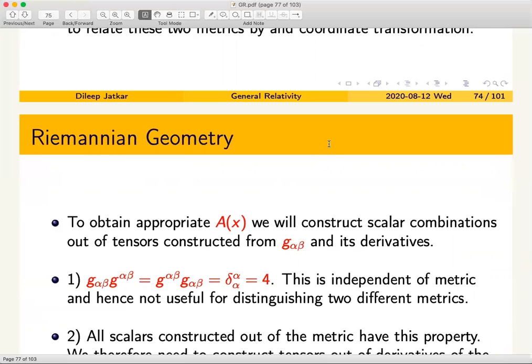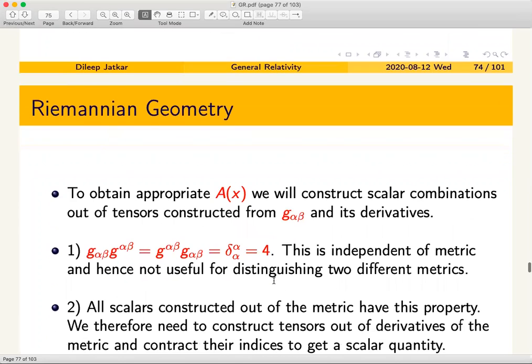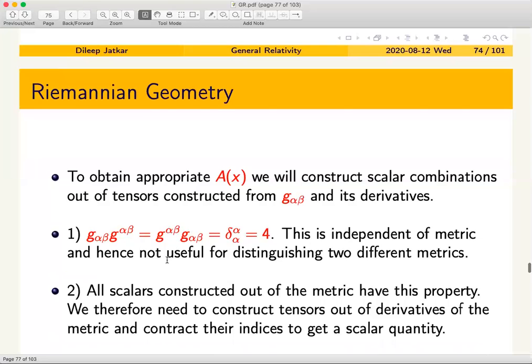So the simplest thing we can think of is just contraction of the metric components, but that is trivial. It is independent of any choice of metric, so it doesn't matter. Clearly this choice is not interesting, because g alpha beta contracted would give you the answer 4, no matter what values the components g alpha beta have.